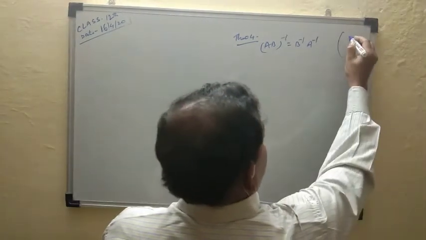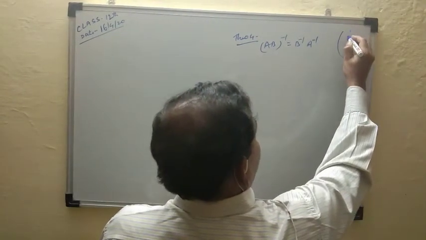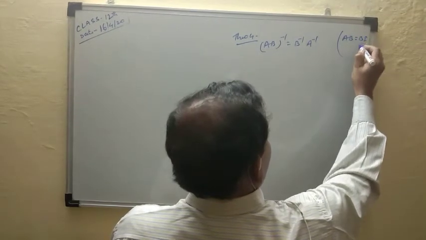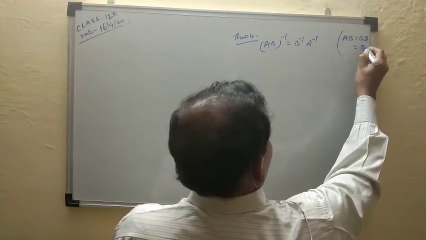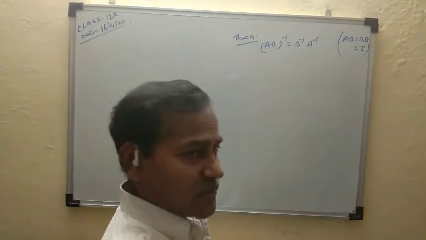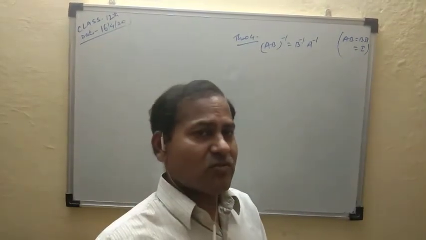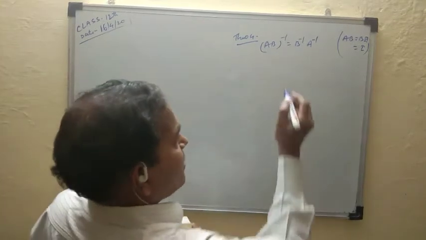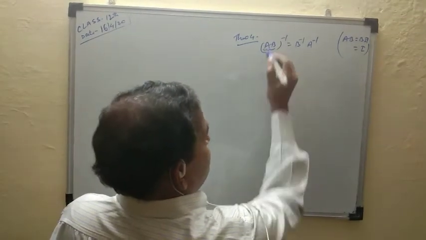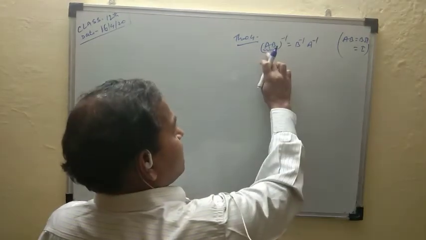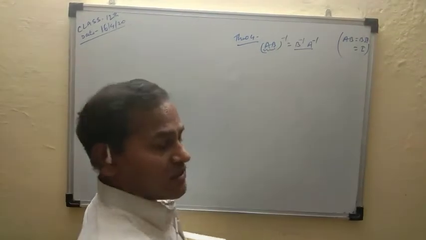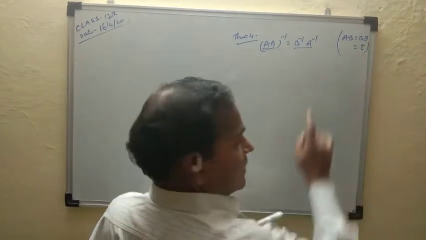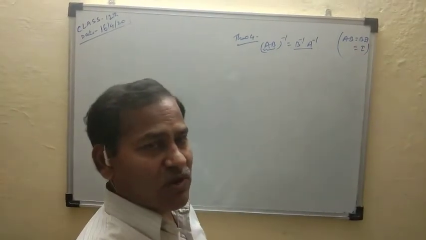You know that if B is the inverse of A, then A into B is equal to B into A is equal to I, by definition. So if the product of two matrices is equal to the identity, then one is called the inverse of the other.